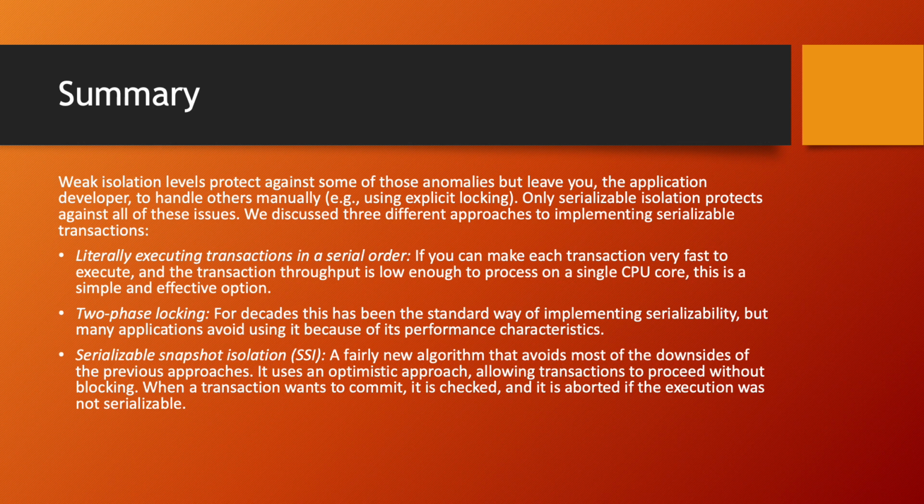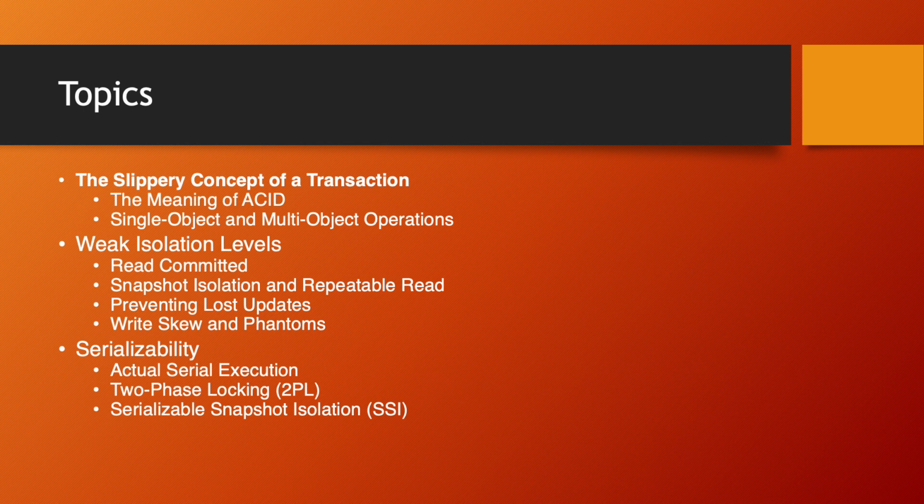The third is serializable snapshot isolation, or SSI in short, a fairly new algorithm that avoids most of the downsides of previous approaches. It uses an optimistic approach, allowing transactions to proceed without blocking. When a transaction wants to commit, it is checked and it is aborted if the execution was not serializable.